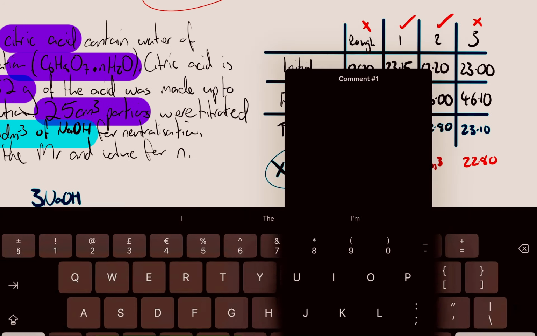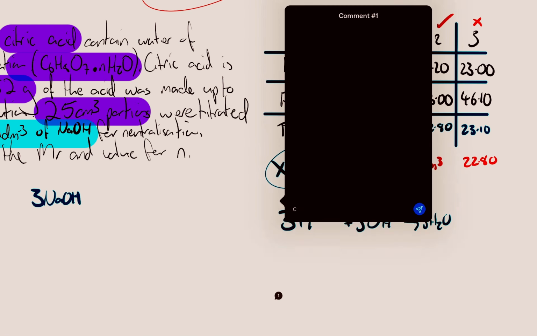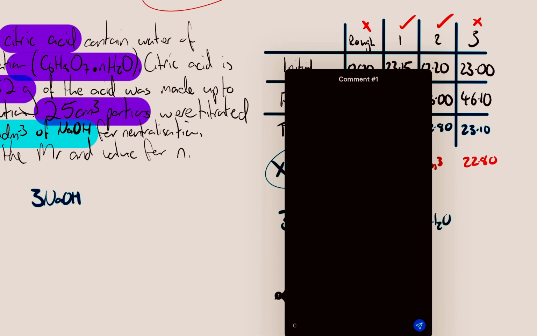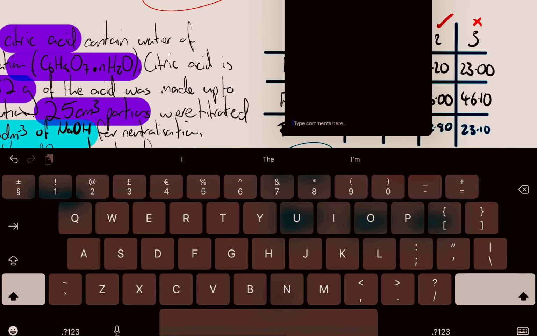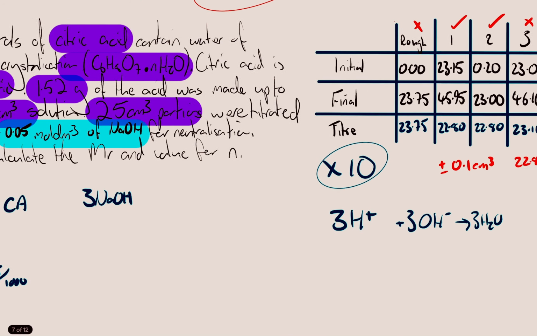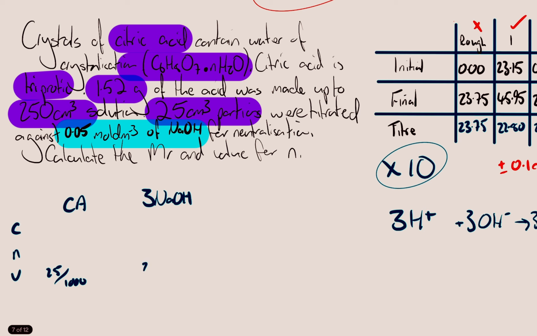We have 22.80 for NaOH, again over 1,000. And I've got a concentration of 0.05 moles per decimetre cubed.